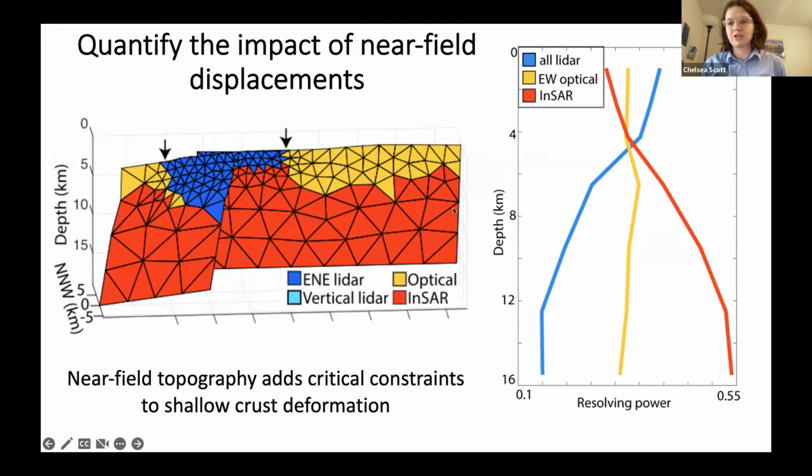And those results are summarized here. This shows depth versus resolving power. And we see that the LiDAR data has the greatest resolving power in the shallow crust, with decreasing resolving power with depth, and InSAR shows the opposite relationship. This suggests that going forward, to really resolve slip throughout the seismogenic crust, it's important to add LiDAR and topographic differencing to these slip inversions.